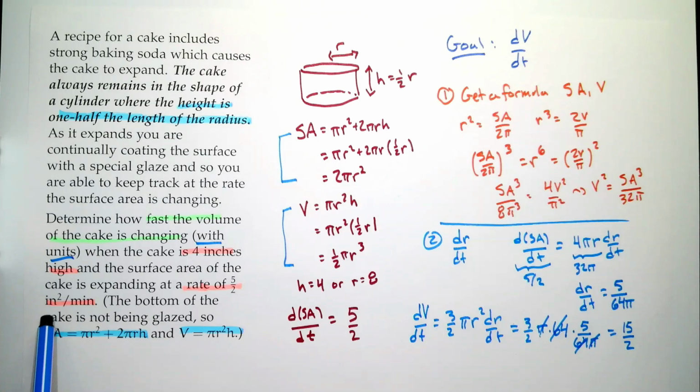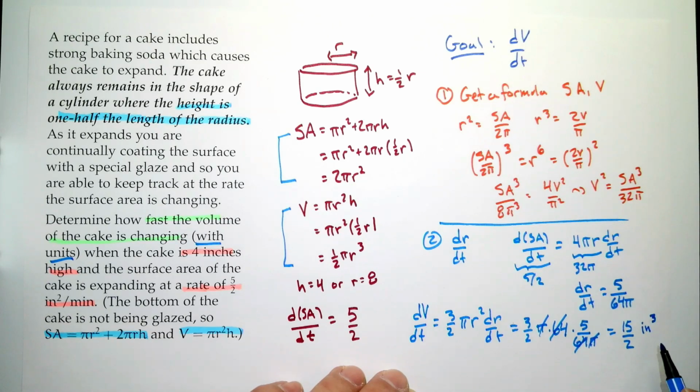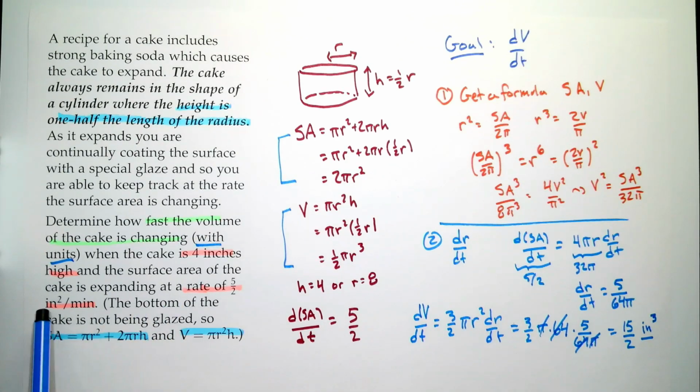We're measuring our sizes in inches. So our units for volume will be inches cubed. How about our units for time? Minutes. And we see that over here, because our dsa dt is inches squared per minute. So 15/2 inches cubed per minute.